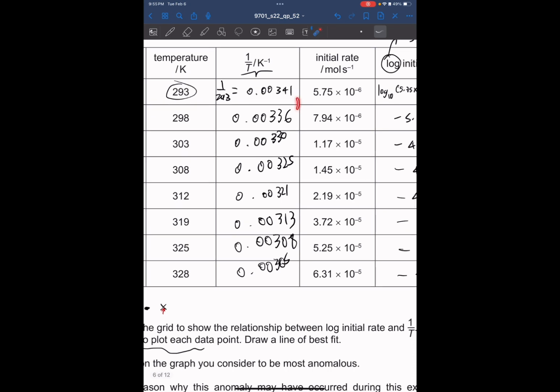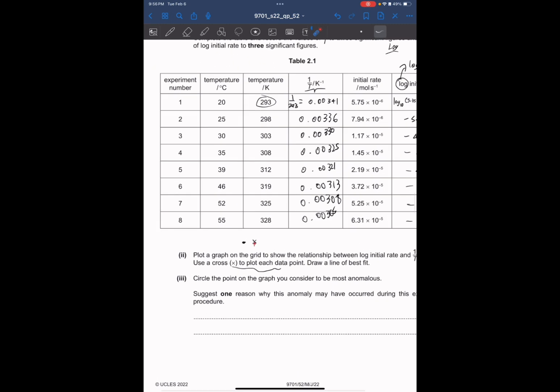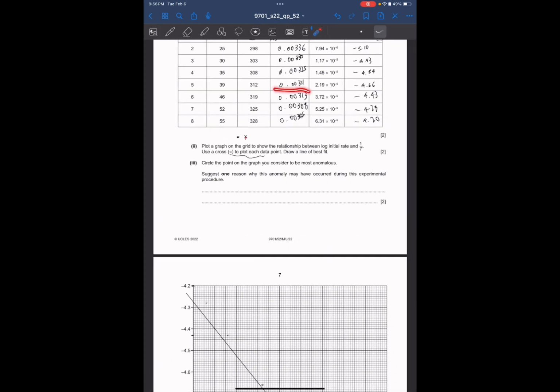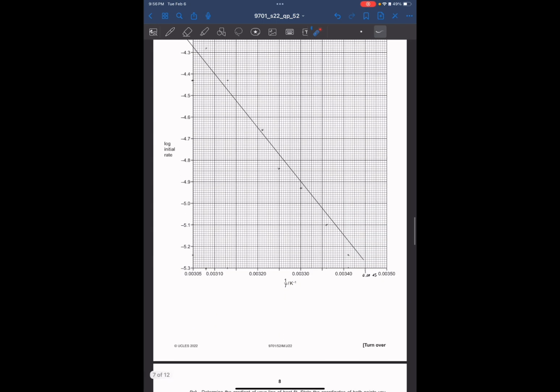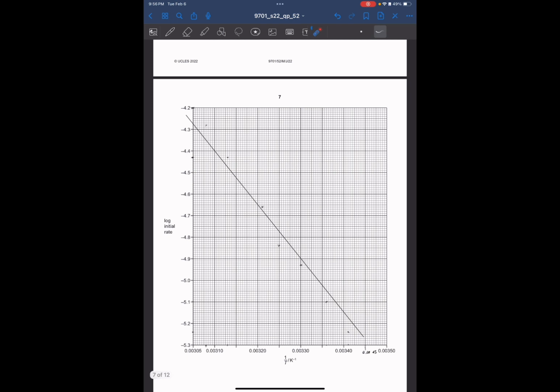This 5, 6, 5, 5. From here to here, from the 5th to the 6th point, it seems that there's a bigger jump than expected. So between 5 and 6. Point number 6 is going to be at 313. So 313 is going to be here. And that could be an anomalous point on our graph. It could also be this point here at 325.